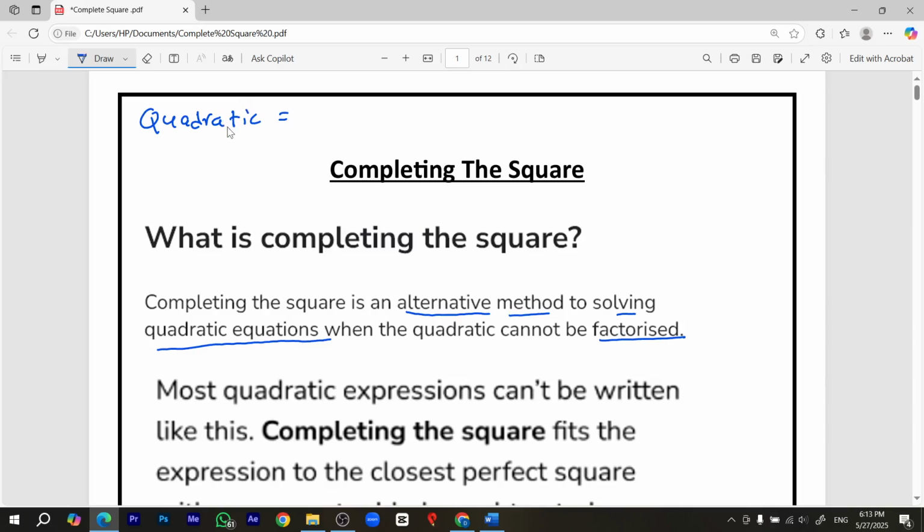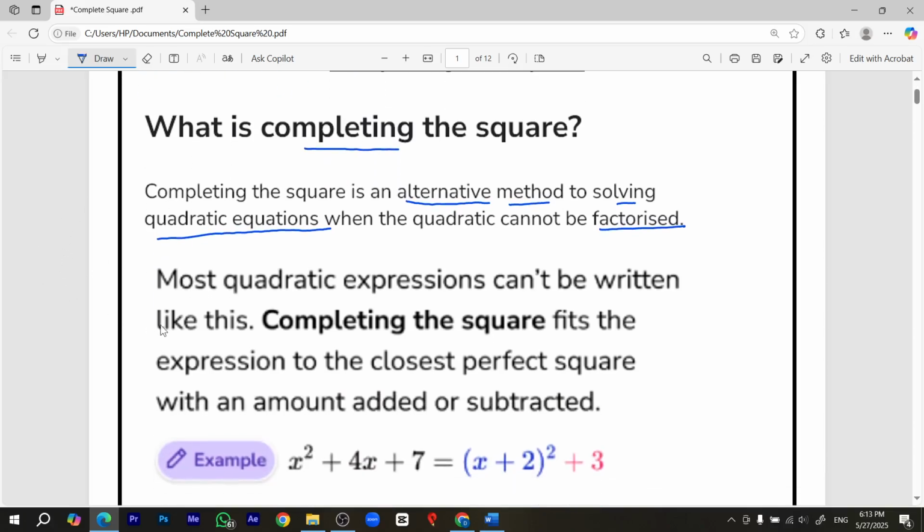They have the form ax squared plus bx plus c. So if I can't factorize using the quadratic, I can use completing the square.